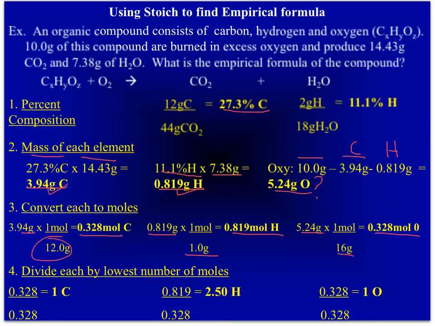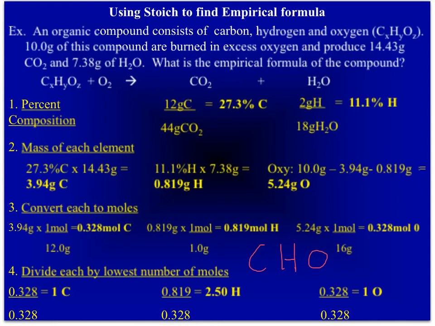If we look down here on the bottom, I already did that. That means we have a ratio of 1 carbon to 2.5 hydrogen to 1 oxygen. What are we going to do so that each of those are whole numbers? We're going to multiply each of these by 2, which gives us C2H5O2.